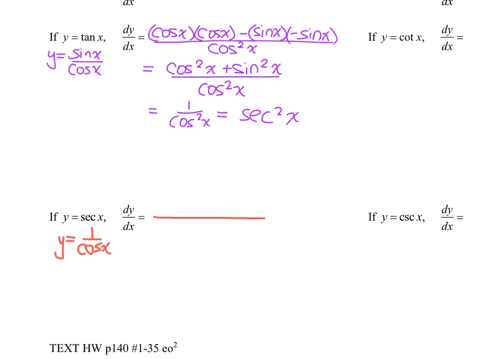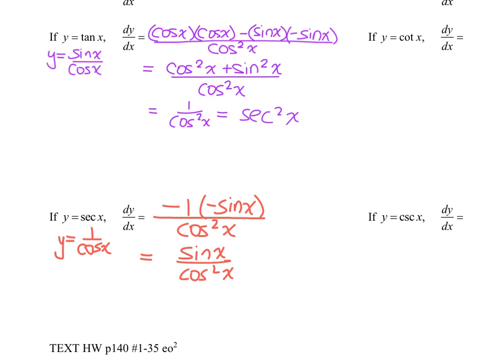Instead of just mindlessly writing down steps, low d high, what's d high going to be? 0. So do I need to write the low d high part of it? No. So jump right to the minus high d low over denominator squared, and away we go. So sine x over cosine squared x.